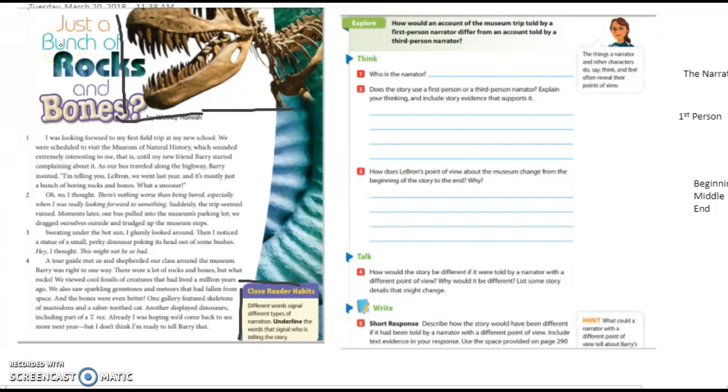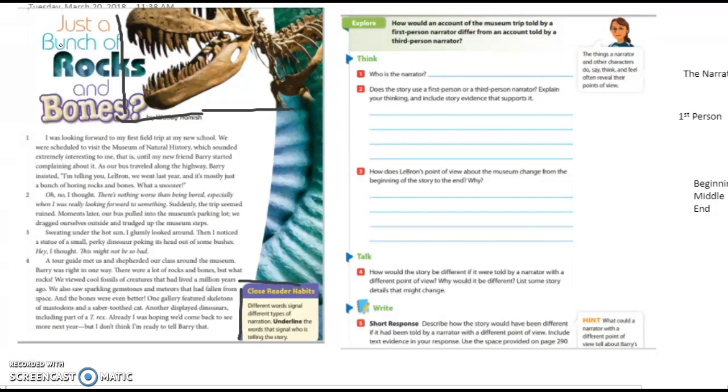Okay, so we have an illustration in the top corner of what looks like dinosaur bones, and we have closed reader habits at the bottom. The closed reader habit says different words signal different types of narration. Underline the words that signal who is telling the story.